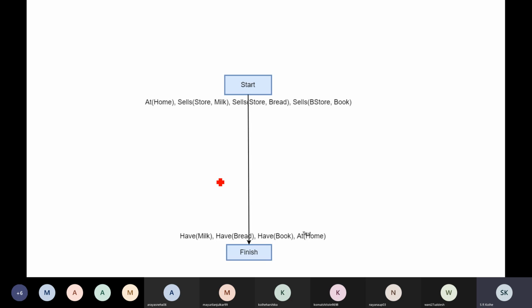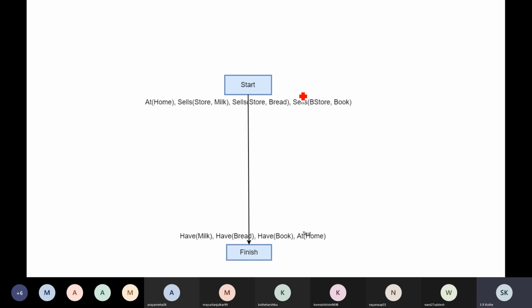Now for this purpose we must know what operators are available, what actions you can perform. Two actions are given to you. One is buy and another one is go. So to have milk, what is required?